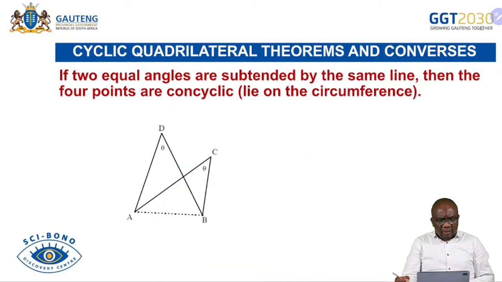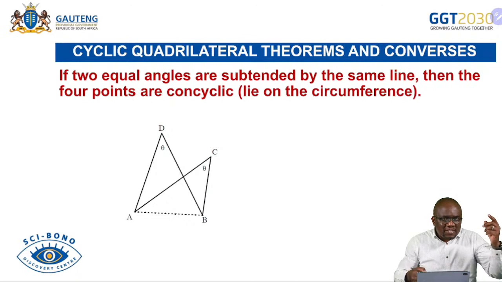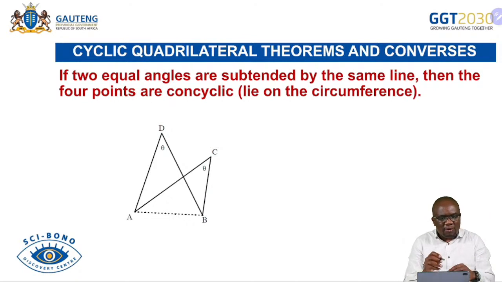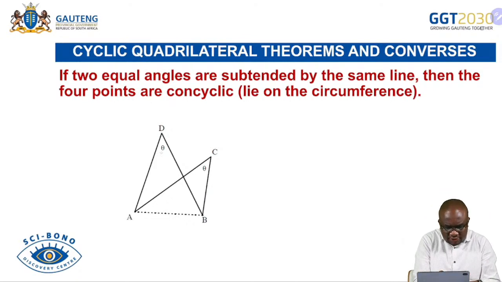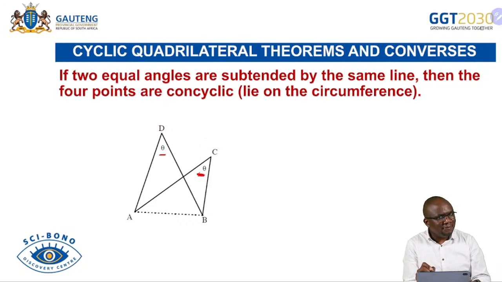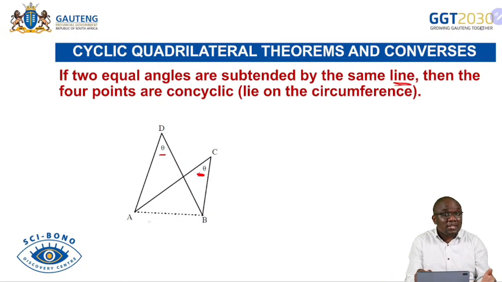Okay? Right. And then from that, we can come up with our converse. Converse is that the other way around. So now if two angles are subtended by the same line, why am I not saying same chord here? This is not a chord because it's just a line. There's no circle there. You see that? Okay. If two equal angles are subtended by the same line, then the 4 points are concyclic.